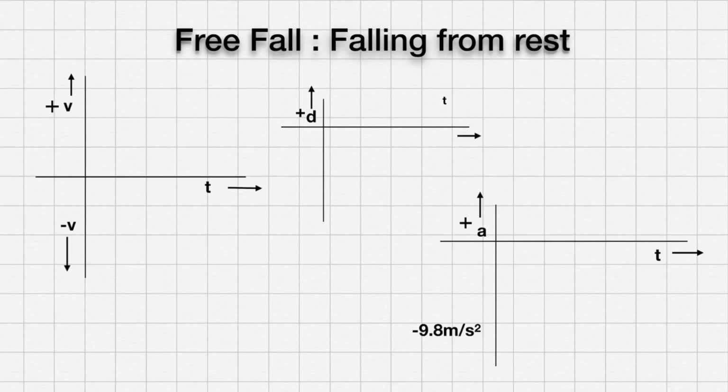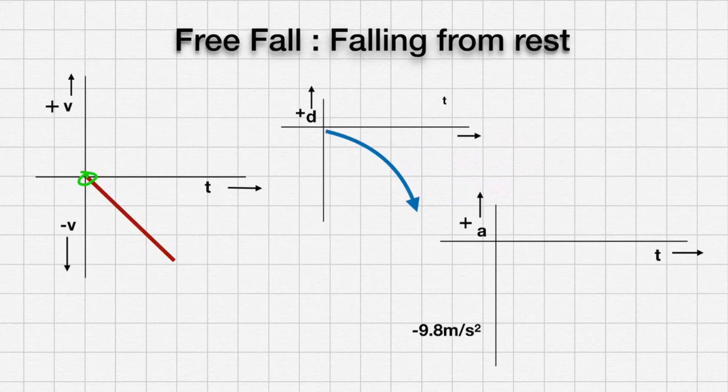So here if you check the VT graph, the velocity time graph, it starts from the value 0 and continuously increases in the negative direction. If you want to draw a displacement time graph, it will be something like this.